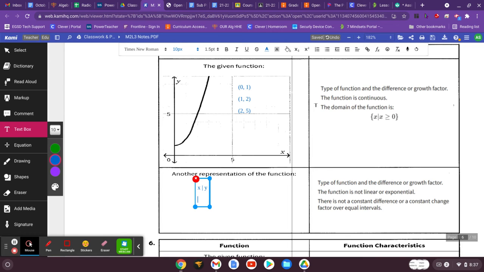And so I have 0, 1. My next one is 1, 2. And then my next one is 2, 5. Okay, so I kind of made my table that way.